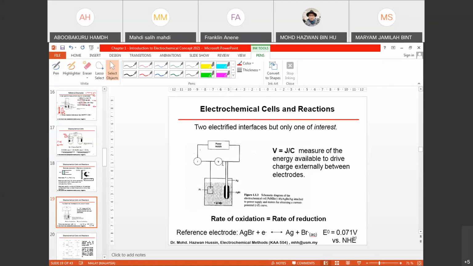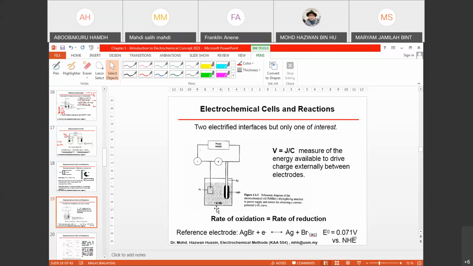This interface will determine the rate of the redox process, and sometimes you can see what kind of phenomenon occurs on the surface of the electrode, either a coating or a diffusion process and so on.